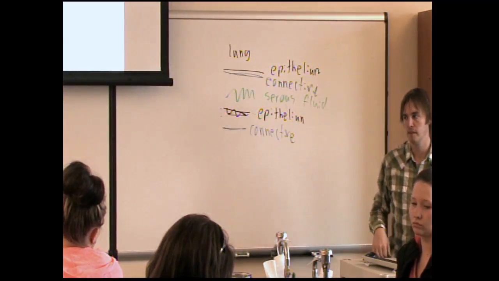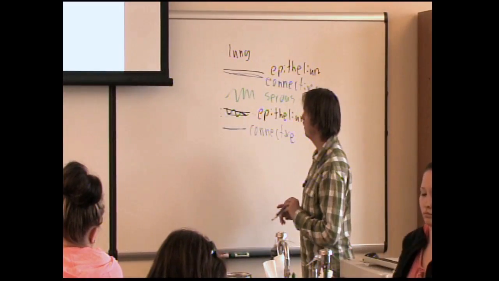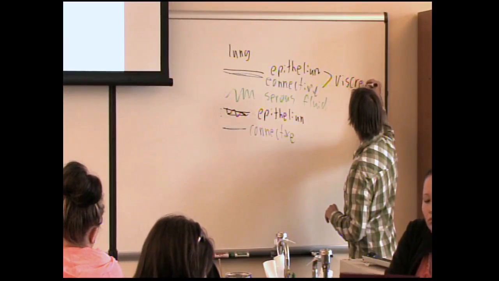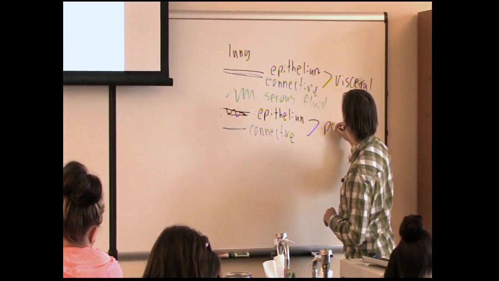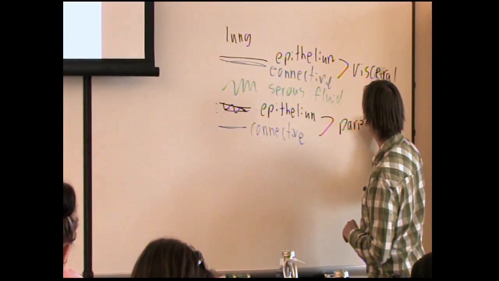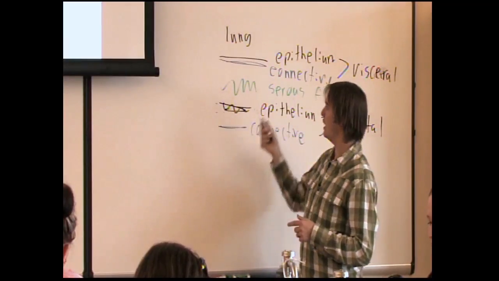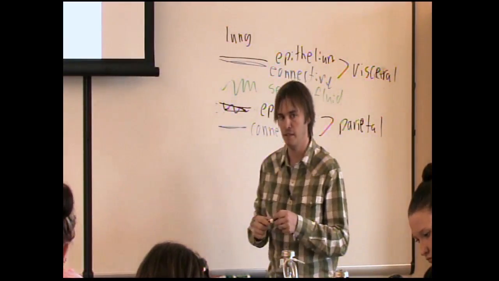This one on the inside would be visceral, and this would be parietal. If you're talking about the lungs, it's the visceral pleural and the parietal pleural membrane.